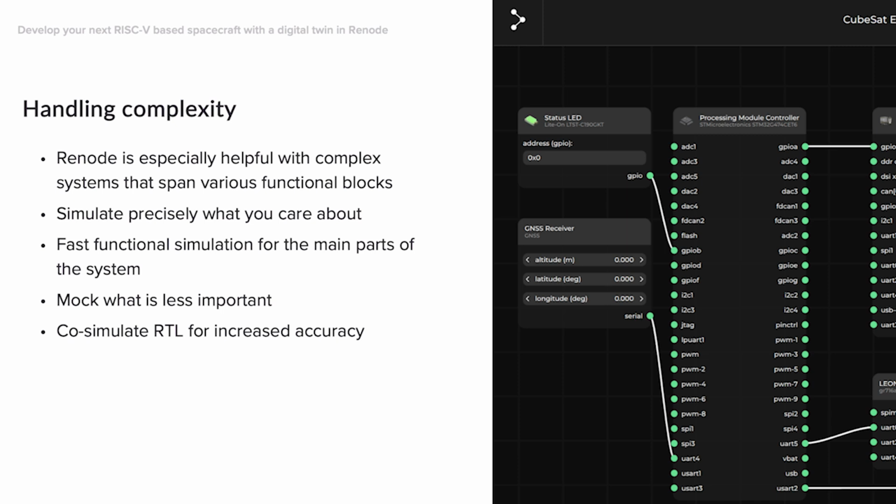So if you feel that you're mostly interested in some part and you can mostly ignore the others, you can definitely mock them. You can have fast functional simulation of most of the parts of your system. And if you care for some components to be simulated in more detail, you can integrate directly with RTL.